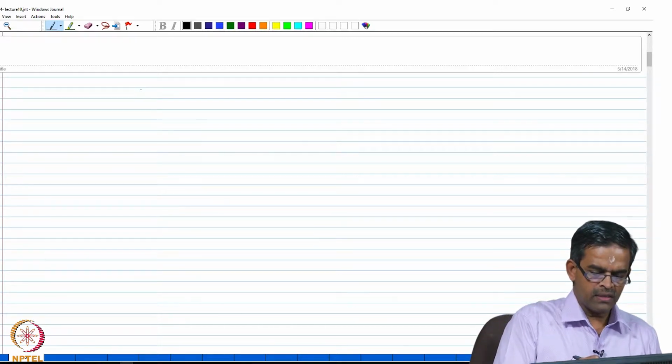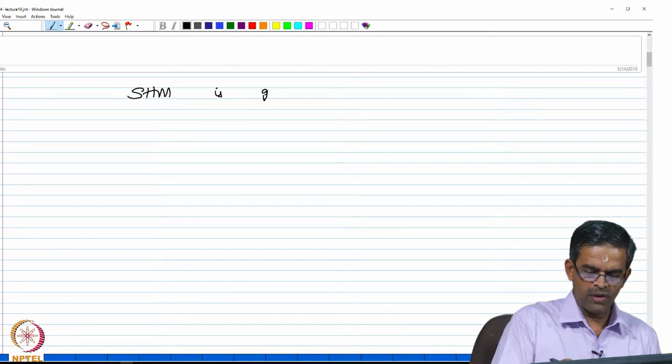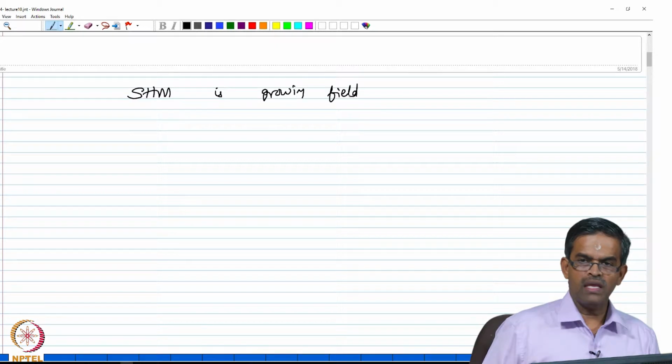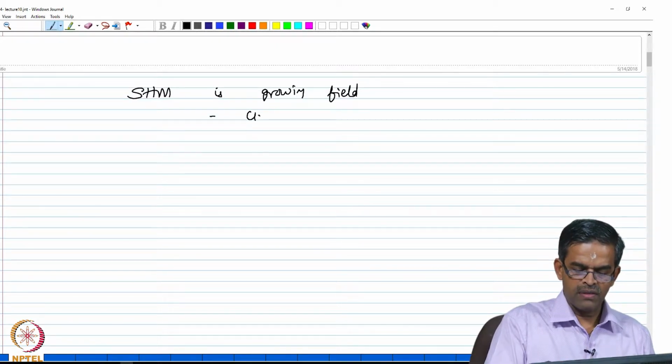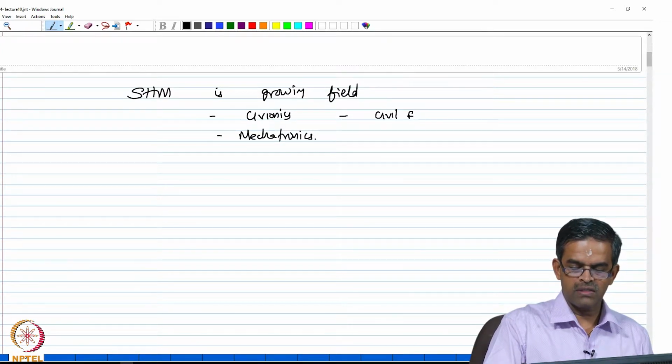We already understand that structural health monitoring is definitely a growing field and gaining importance because it has major application in avionics and mechatronics, that is, application in civil engineering structures and mechanical engineering systems.